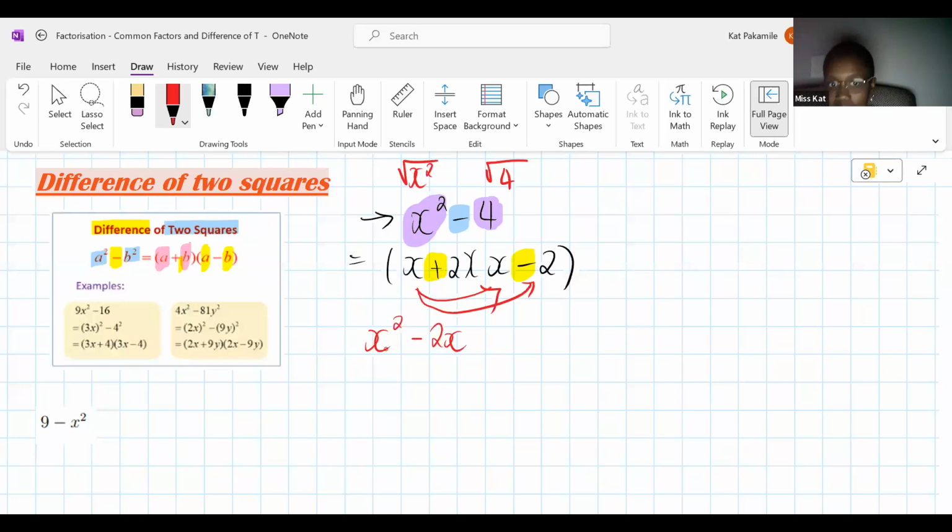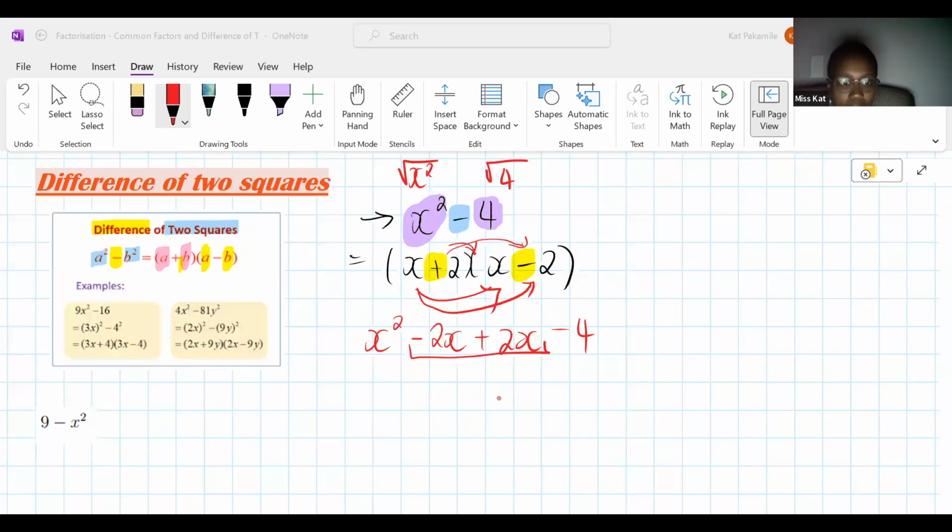And then positive 2 times x. That's 2x. And then you have a positive 2 times a negative 2. Negative 4. Watch what happens here. Like terms. What's negative 2x plus 2x? 0. So what's going to be left? It's just your x squared minus 4, which is what we wanted.